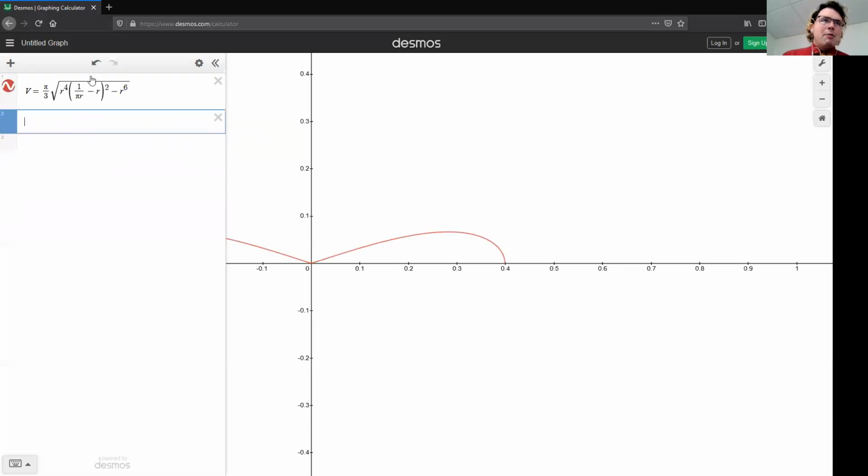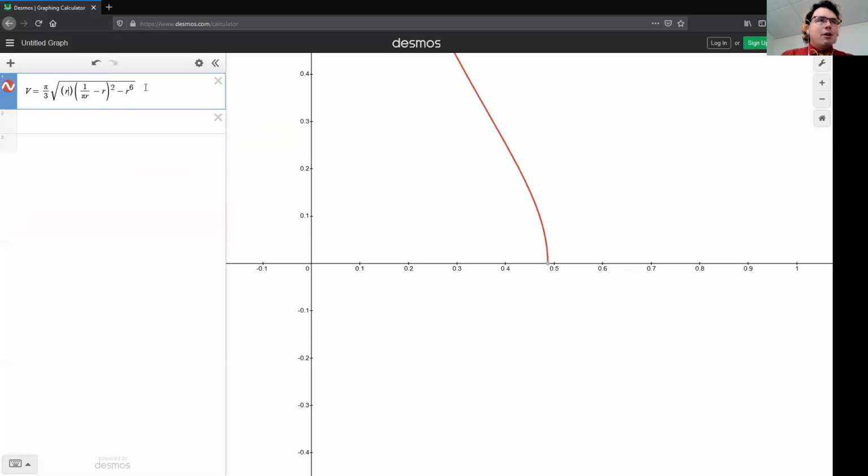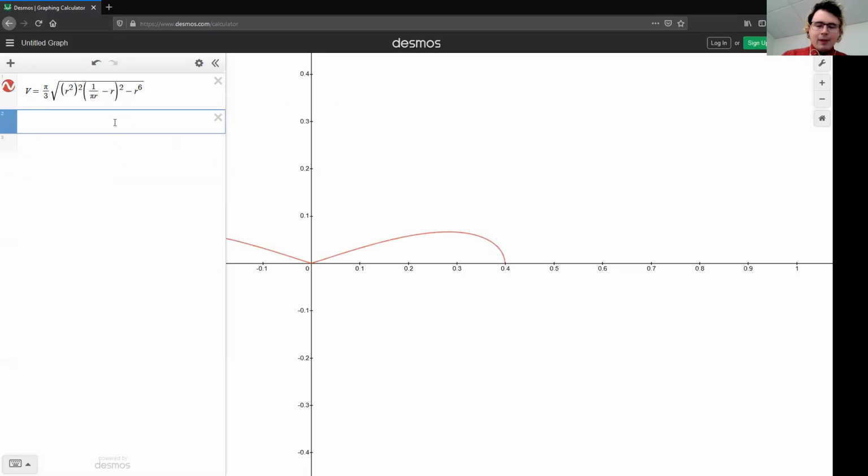And now let me go ahead and multiply here. Since r to the power 4 is the same as r squared, but then squared a second time, I can combine those two different squares and say that this function is pi on 3 times this square root.